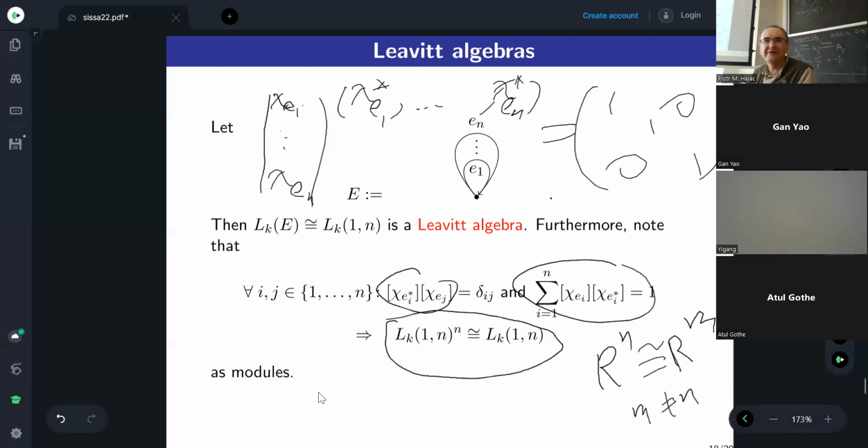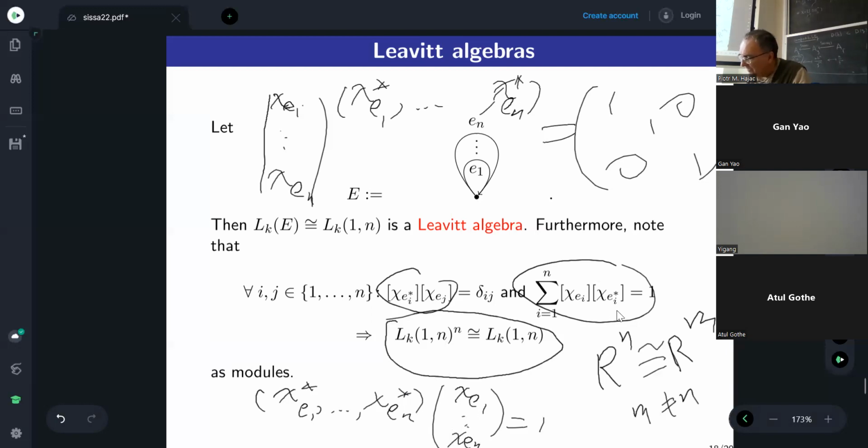So this is bra and ket, now ket and bra. I multiply it like this, like a scalar product, you know? And this is 1 by this relation. So I showed you a properly rectangular matrix which is invertible. So this establishes this isomorphism. Isn't it cool? I think it's really beautiful.